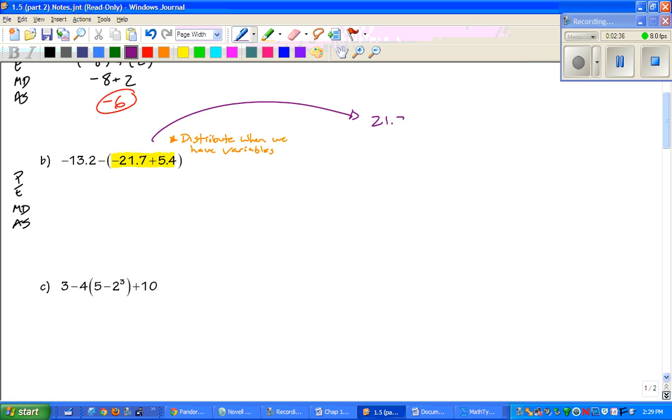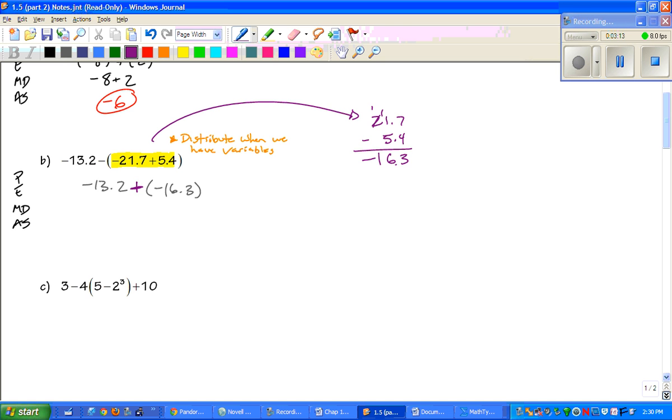So we have 21.7 and 5.4. Now they are different signs. Negatives win. So what we're going to do is we're going to subtract these guys. I have to borrow. You get 16.3, and this is a negative 16.3. So when we rewrite this, we have negative 13.2 minus negative 16.3.